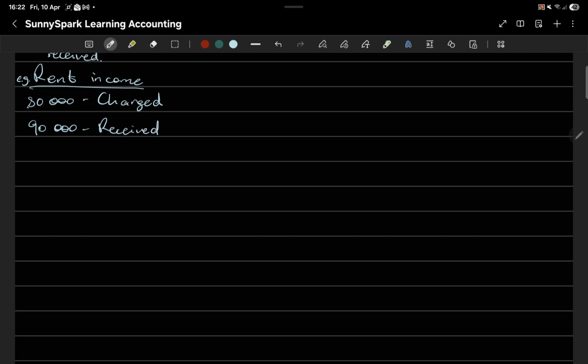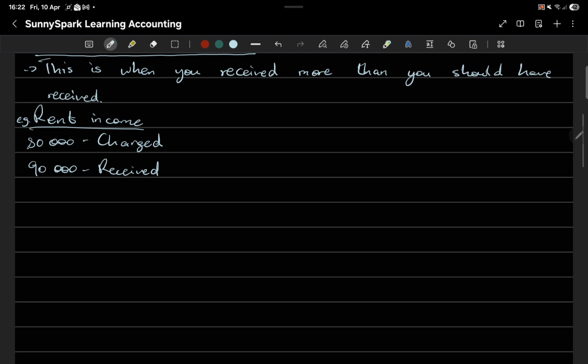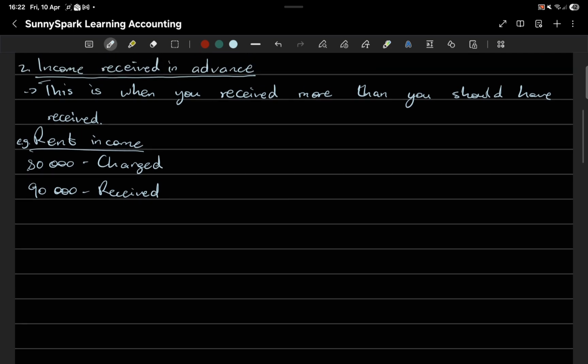Since you are the one receiving, you have to get the difference, which is 90,000 minus 80,000. You'll get 10,000. You have to take this 10,000 and refund that person back, so that you are left with the 80,000 that we charged him or her. Okay?